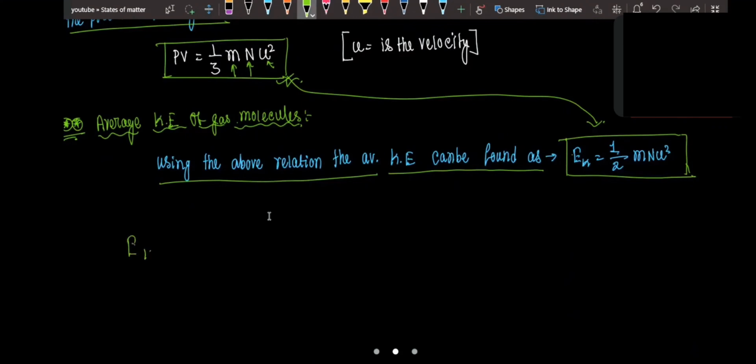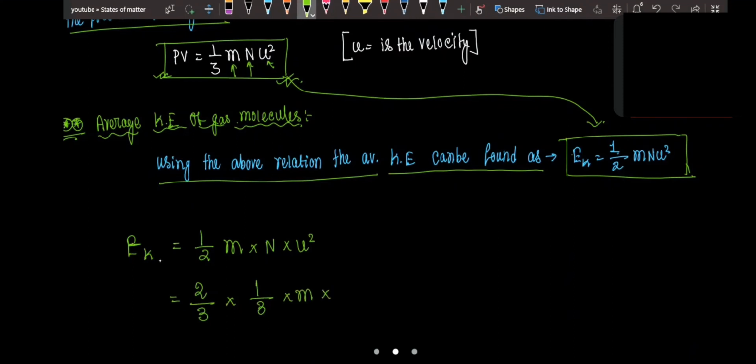Now EK equals 1/2 mnU square. If you want to write this equation in terms of PV equals 1/3 mnU square, what I'm going to do is write 2/3 into 1/3 into mn.